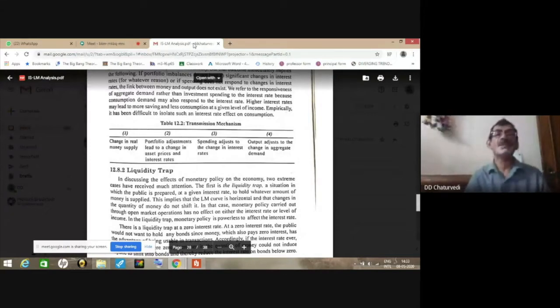Here, because people are demanding more assets, the asset prices will rise and the interest rate will come down. In the third step, spending will adjust to the change in the interest rate, and finally output adjusts to the change in aggregate demand, and we are at a new point of equilibrium. And this is again a general equilibrium point where both product and money market are in equilibrium.